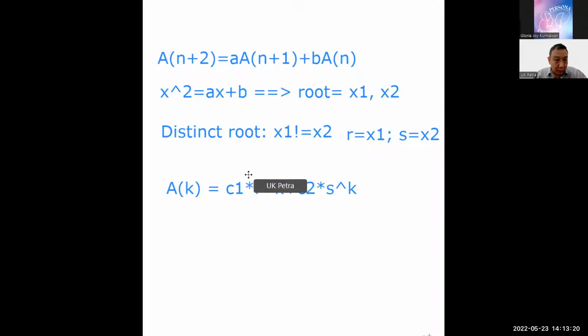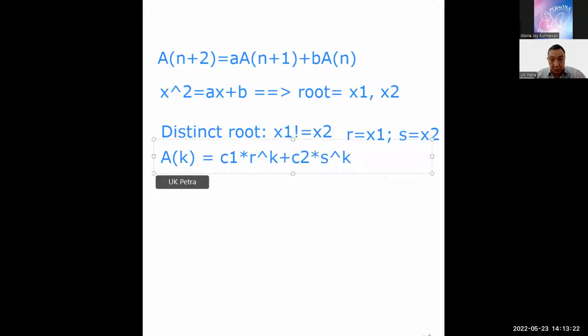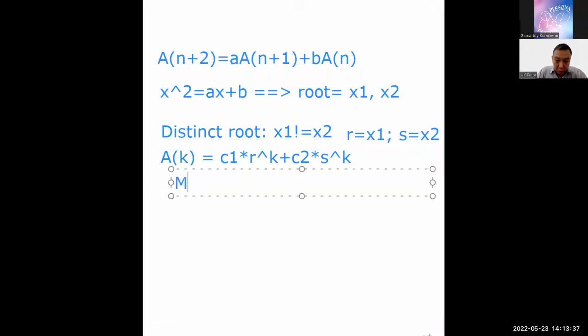Now if you have multiple root, let me put it again here. If you have multiple root, that means x1 equal to x2 equal to r.